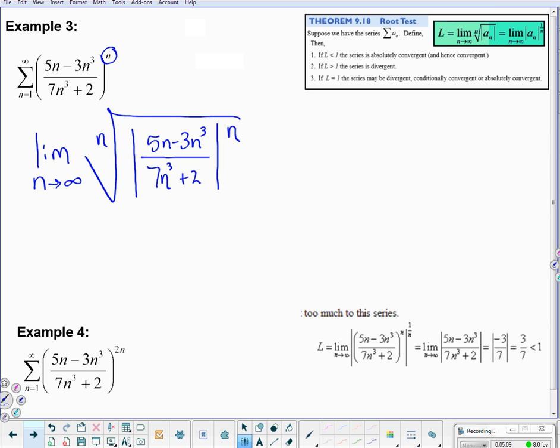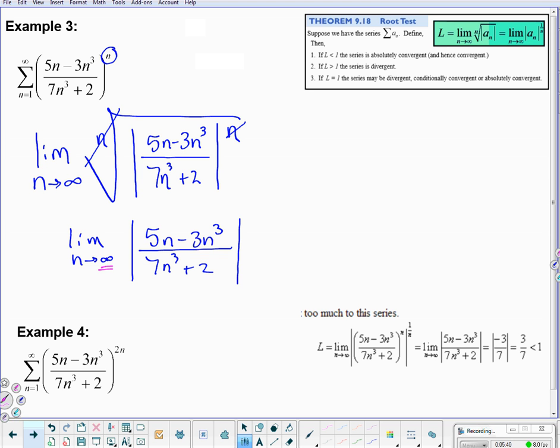Well, we know that the nth root of the nth power will take care of one another, and that gives us the limit as n goes to infinity of the absolute value of (5n minus 3n cubed) over (7n cubed plus 2). I better keep my absolute values on because I have a feeling I could end up with a negative on top.